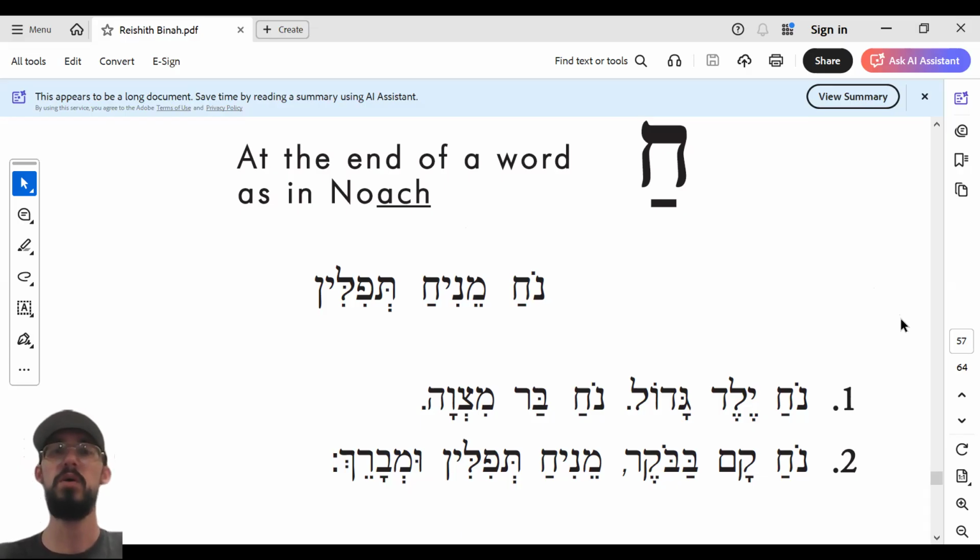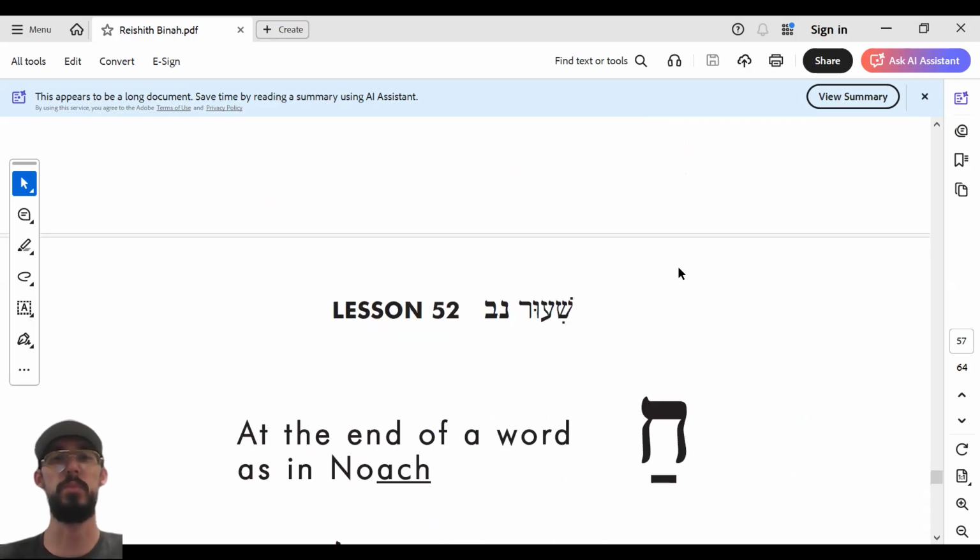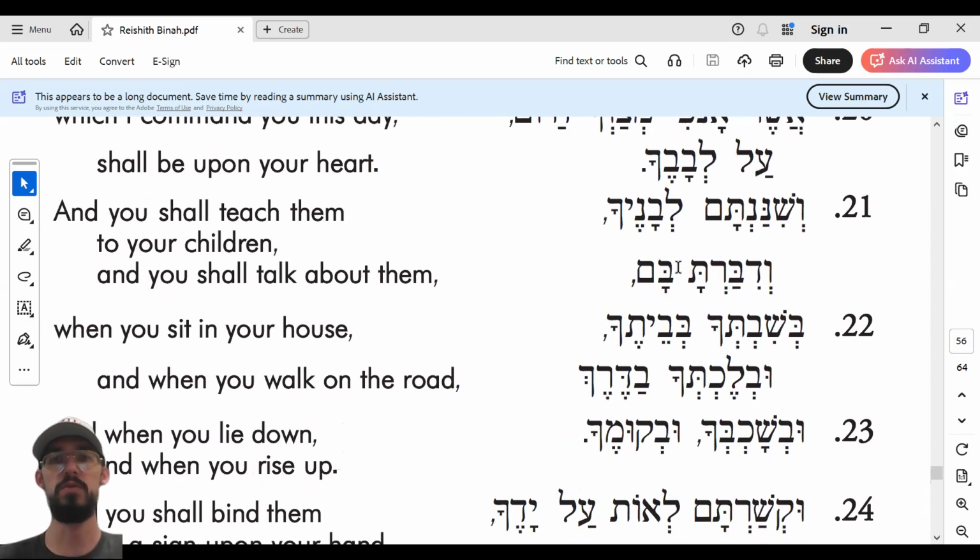Okay, so this is the letter Chet. You know what it is. You've encountered it before. With the pataḥ underneath, it's ha. However, if it comes at the end, so usually we have consonant, vowel, consonant order, right? So for example, we can go back just a second.